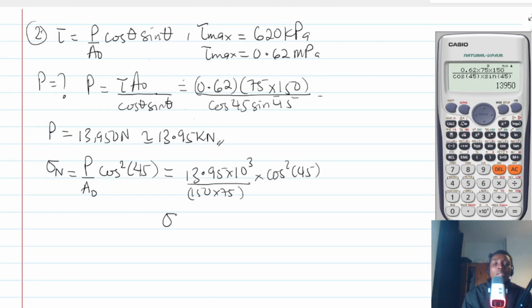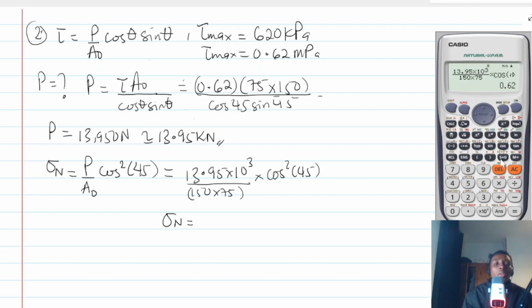If we do this, the normal stress will be 13.95 times 10 to the power 3 divided by 150 multiplied by 75, and then multiplied by cosine squared of 45.